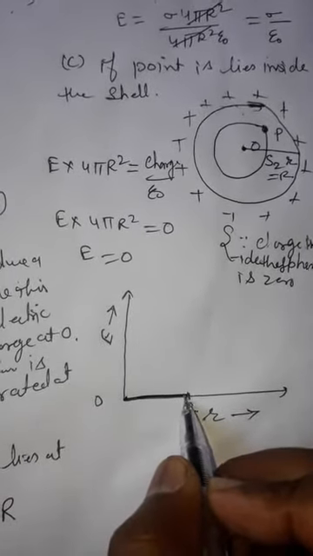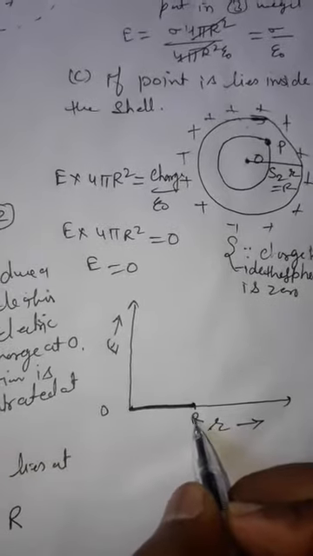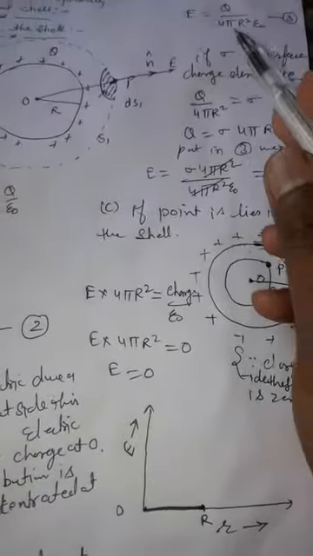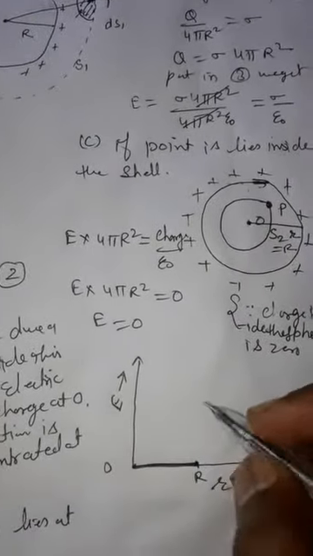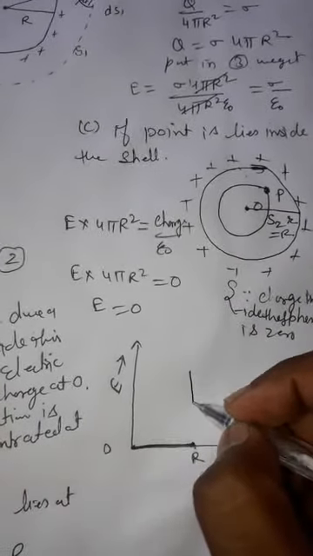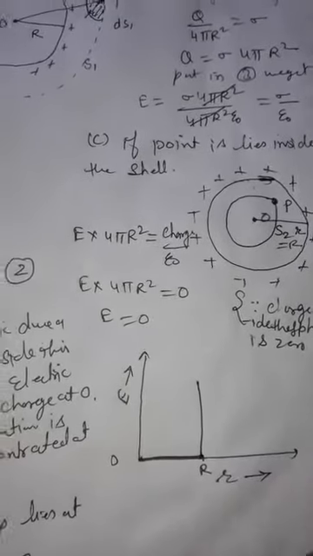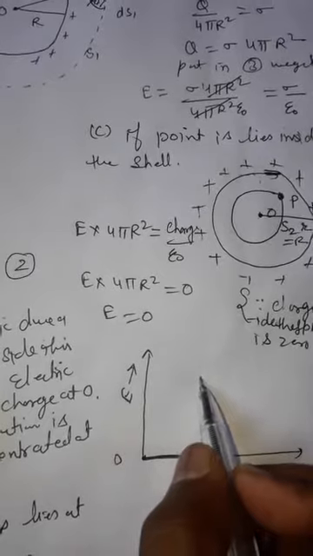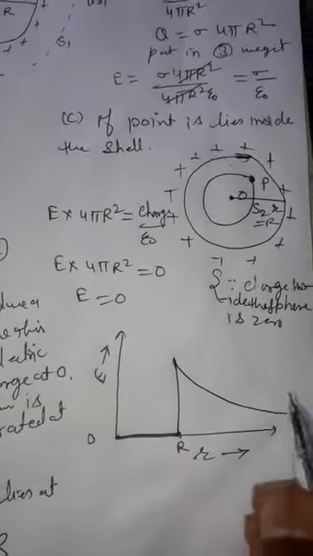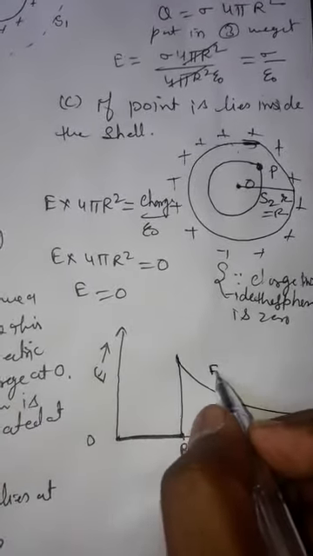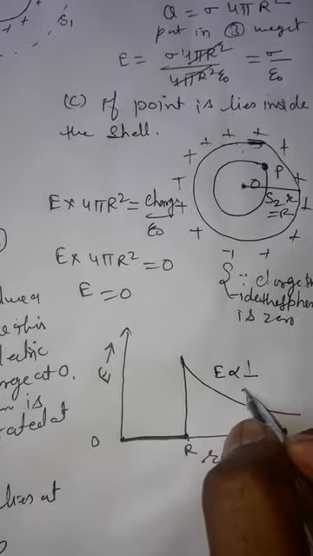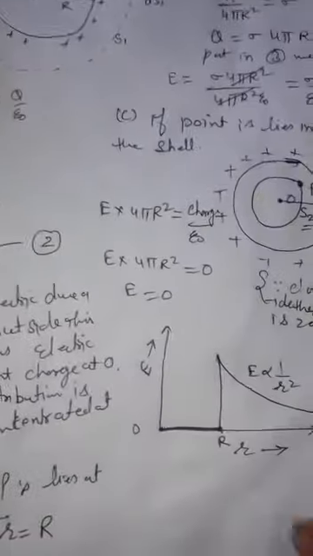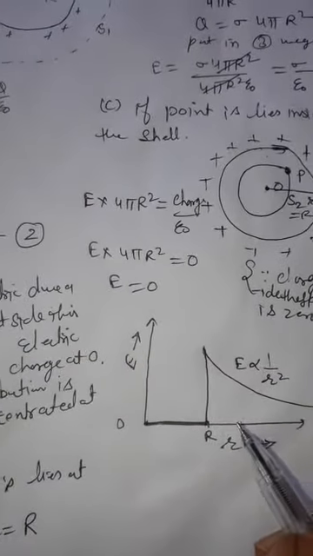At the surface, when r is equal to R, the electric field becomes maximum. After that it starts decreasing, and it is inversely proportional to r square, as stated earlier. So this is the graph for the distance and electric field.